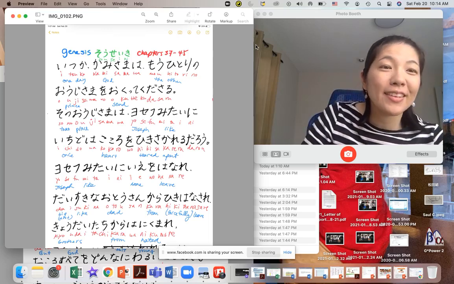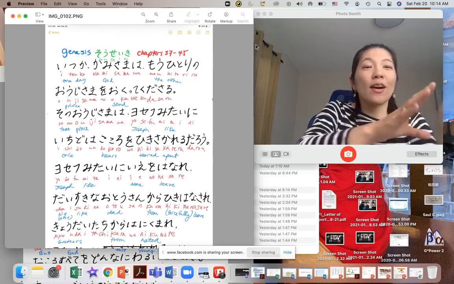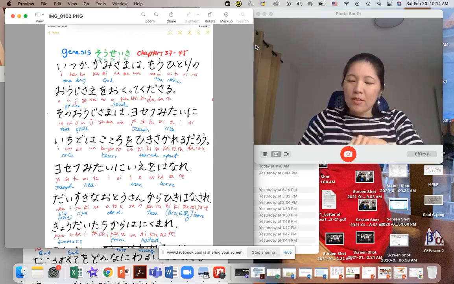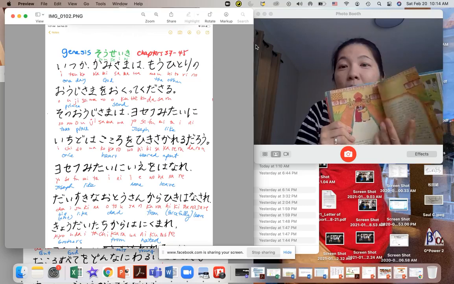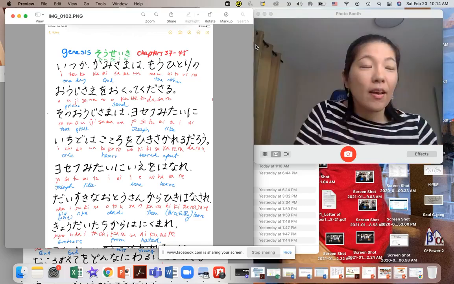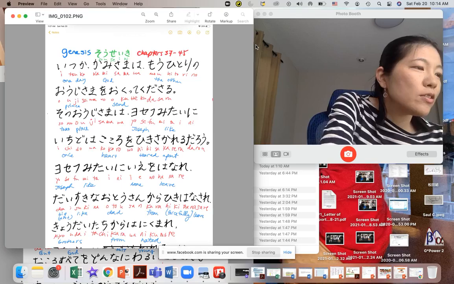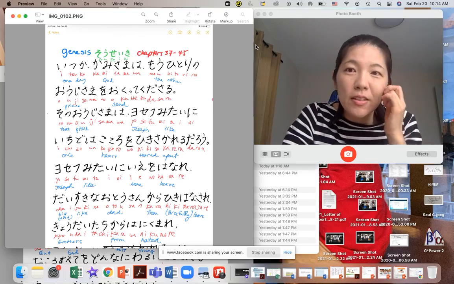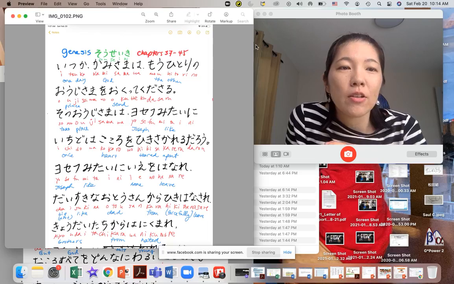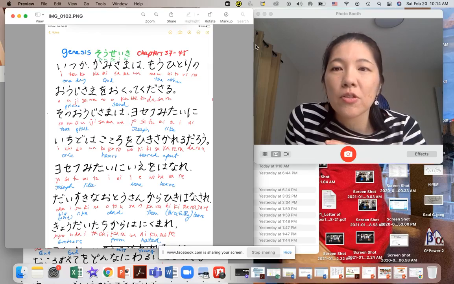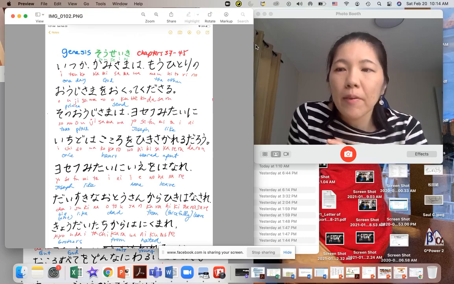Okay, so that's the English book, and I also have the Japanese one. That Japanese version is the one on the screen. Let's look at it together. Because it's a summary of everything, I put all the areas that Joseph's story is about, which is Genesis chapters 37 to 45.